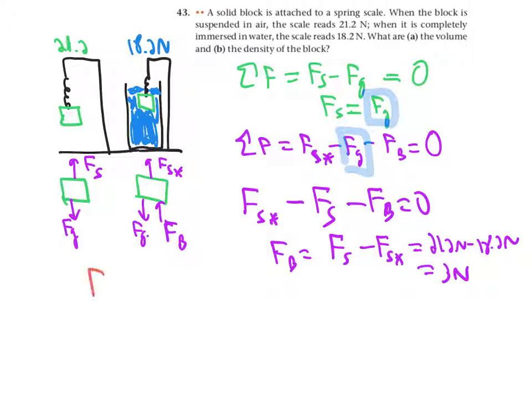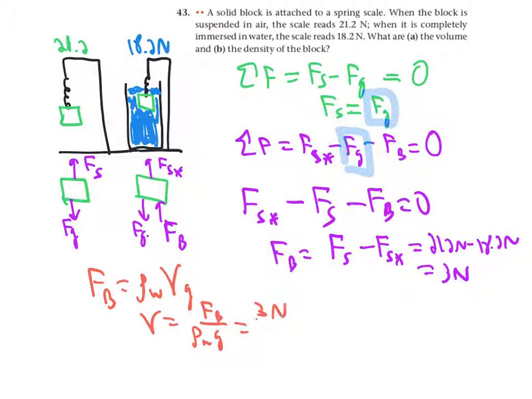But we also know that the buoyant force is the density of the water times the volume times g. So the volume must be the buoyant force over the density of water times g.